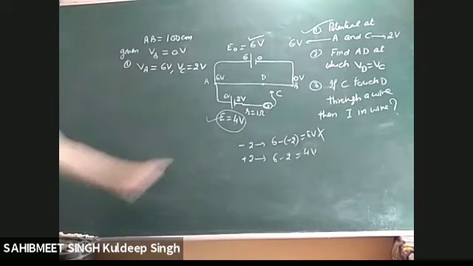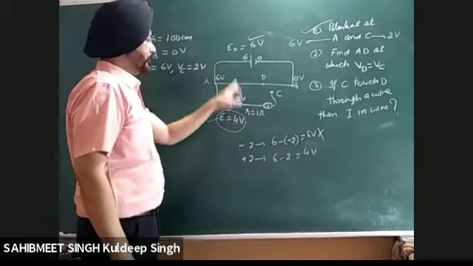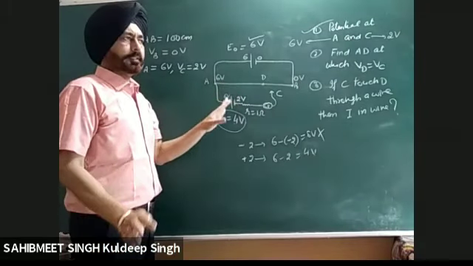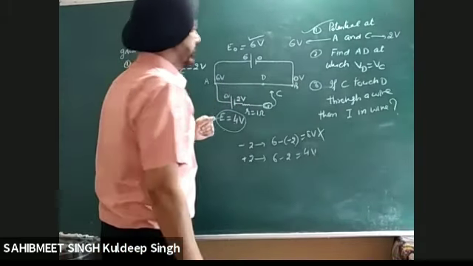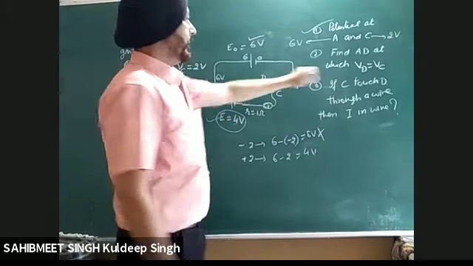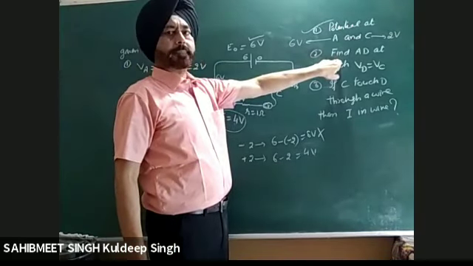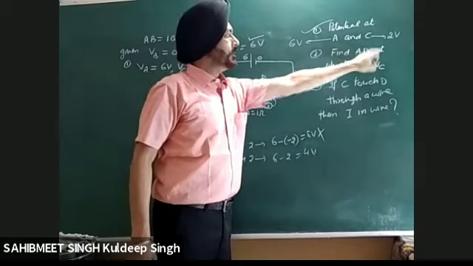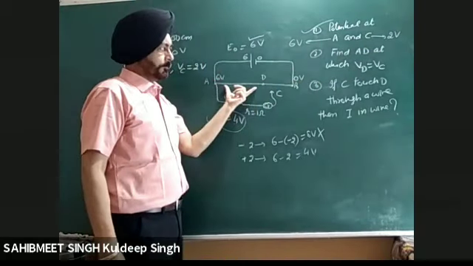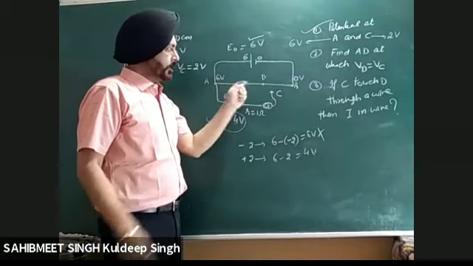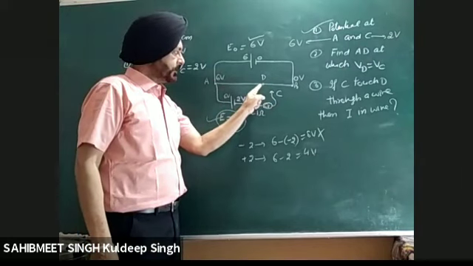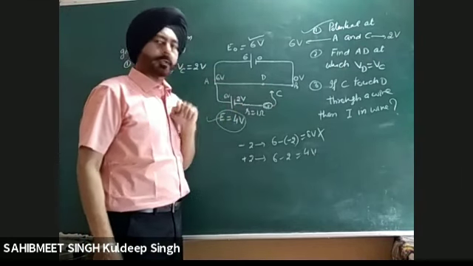Okay, so do this job very carefully. These are the concepts, not difficult, but generally we make some mistake here. And then we have the second. Find the length AD of this position, for which the potential at D and C become equal.